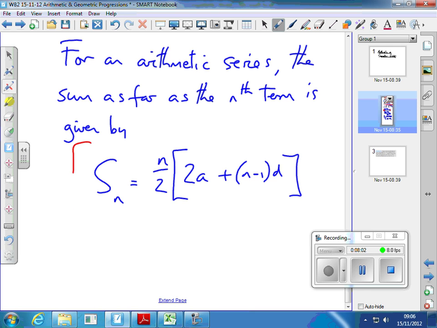And that is the other formula that it's important that we can use, where again a is the first term, okay, and n is the position you are, the number of terms, and d is the common difference.